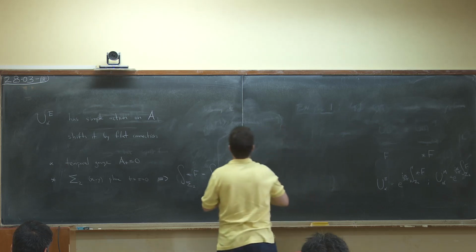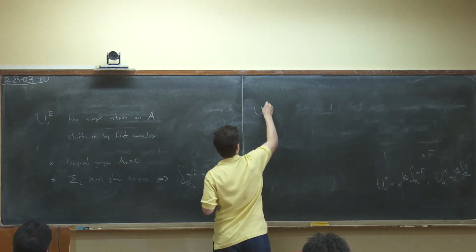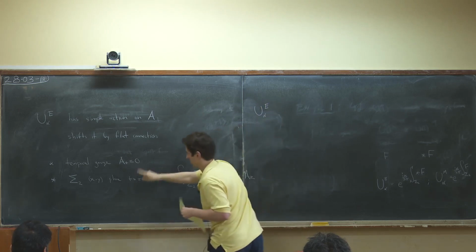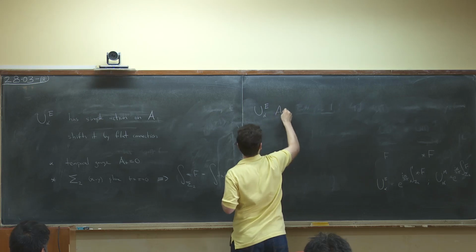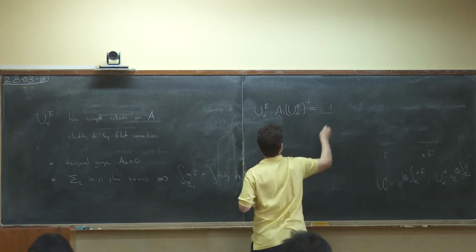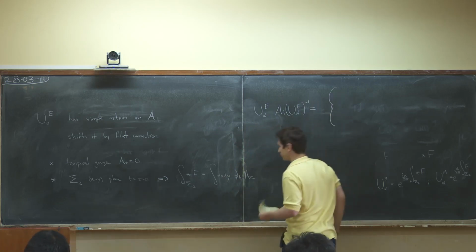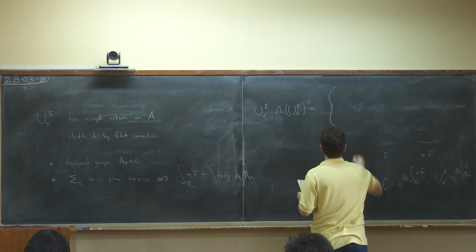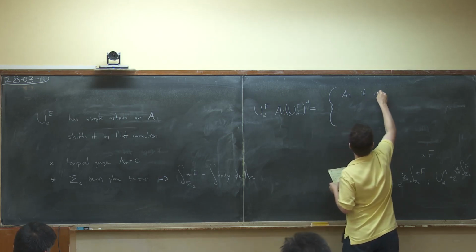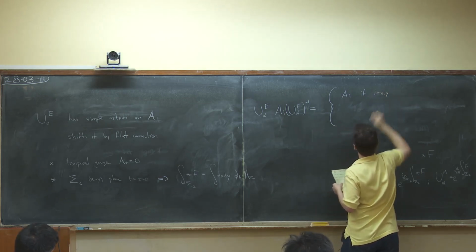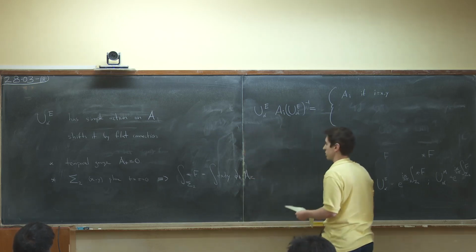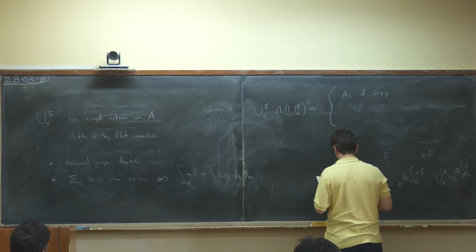So we can consider U_alpha^E, where sigma is this sigma, acting on A_I, U_alpha^E inverse. It's A_I if I is X or Y. But since this is canonically conjugate to A_Z, we get an interesting shift of A_Z.